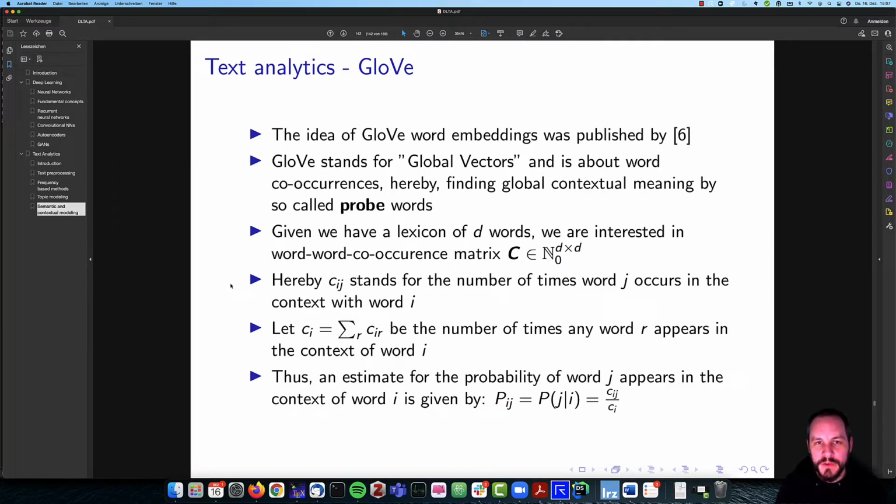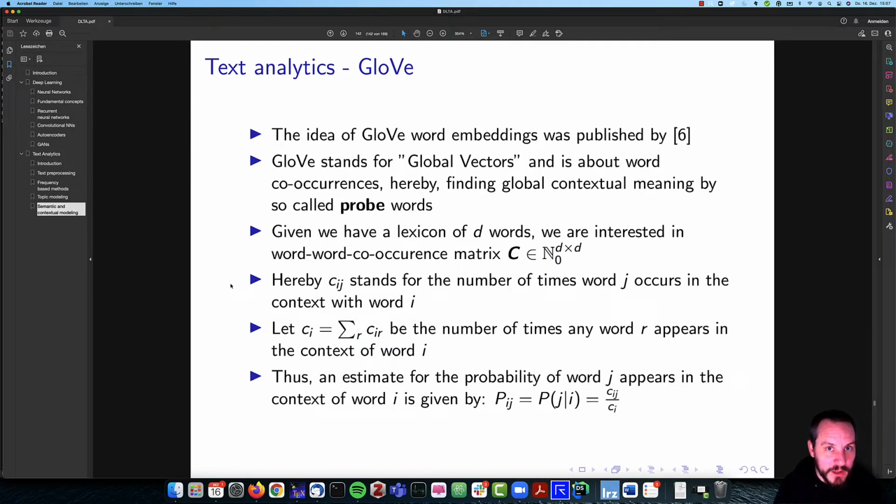If you use a so-called window size of 1, meaning we look at the one word to the left and one word to the right of that word, then for "text" we have "like" on the left and "analysis" on the right. That means "like" occurs one time in the context of "text", and "analysis" occurs one time in the context of "text".